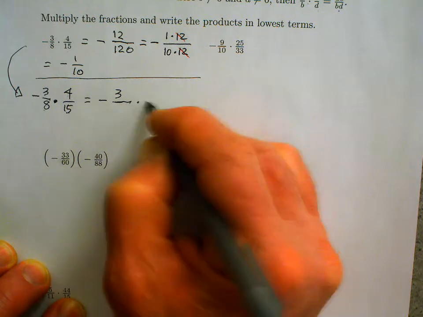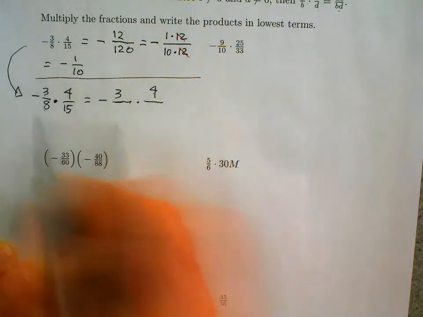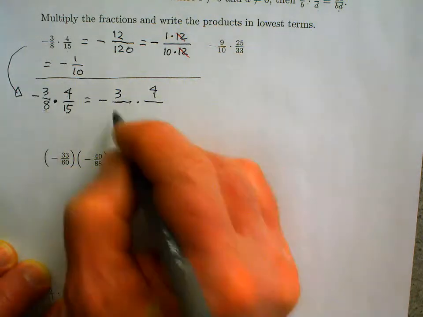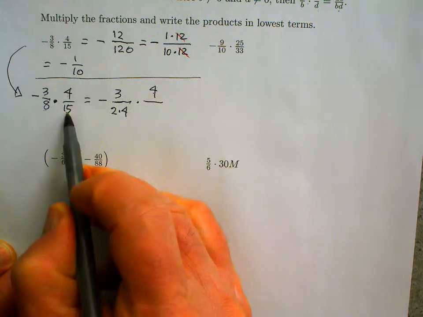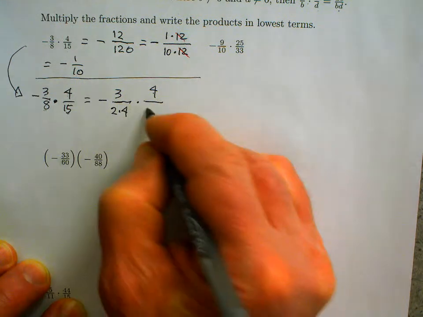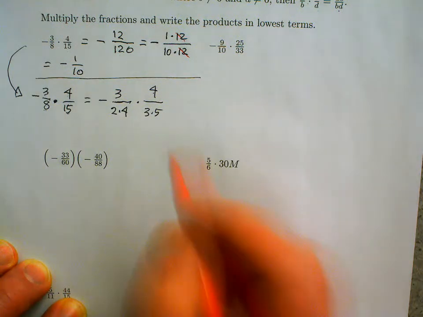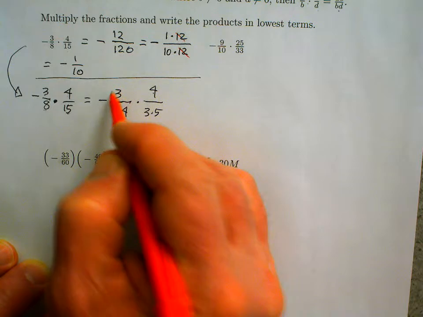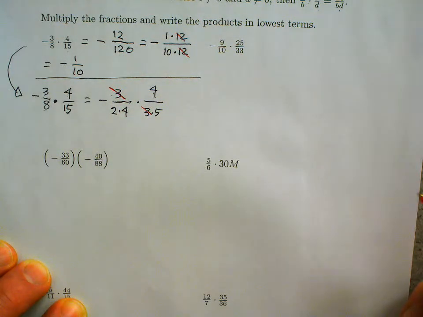So if we write using partial decomposition, I'm going to leave 3 and 4 the same, but I'm going to rewrite 8 as 2 times 4. And I'm going to rewrite 15 as 3 times 5. And the reason I'm doing that is because of the common factors of 3. 3 divided by 3 is 1.